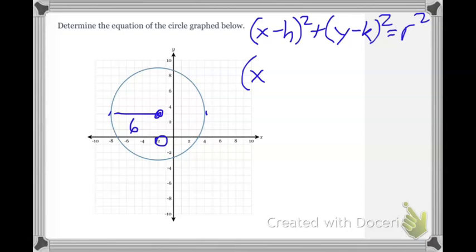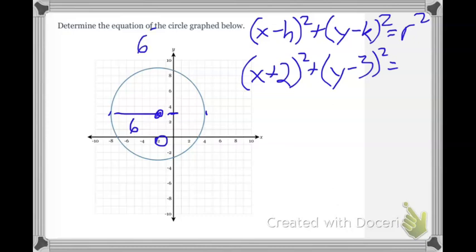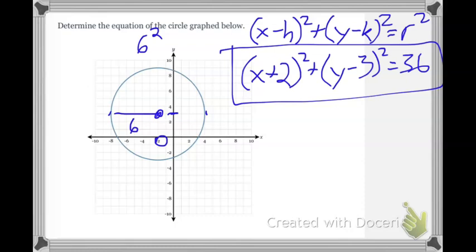What it wants is x minus -2, and minus a negative means it's going to be a +2, squared, plus y minus k, which is the y value of the center, right there at 3. So we're going to put this at -3. So (y - 3) squared equals r squared. Well, r is 6, so what we want is 6 squared, which is 36. And this is the equation of this circle.